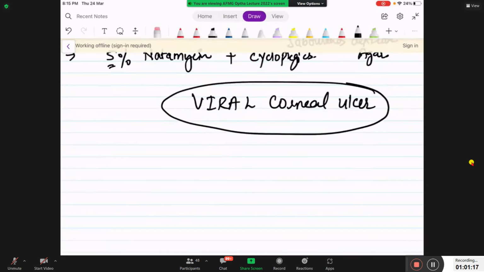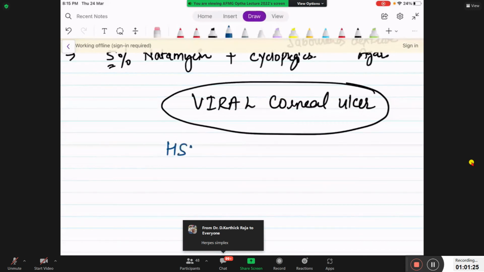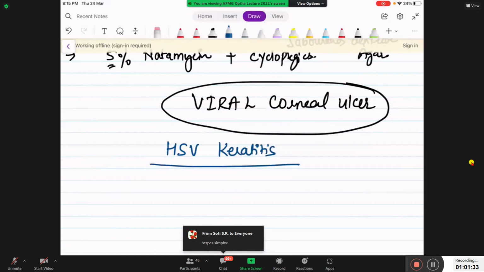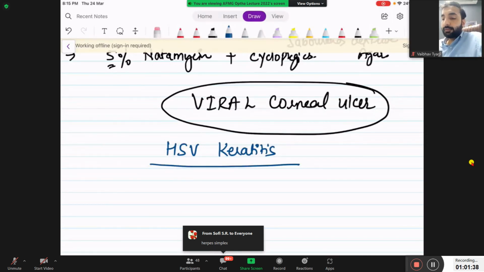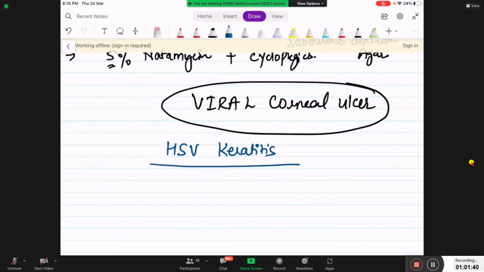In viral corneal ulcer, we will discuss the most important one from your exam point of view, which is herpes simplex virus keratitis, HSV keratitis.